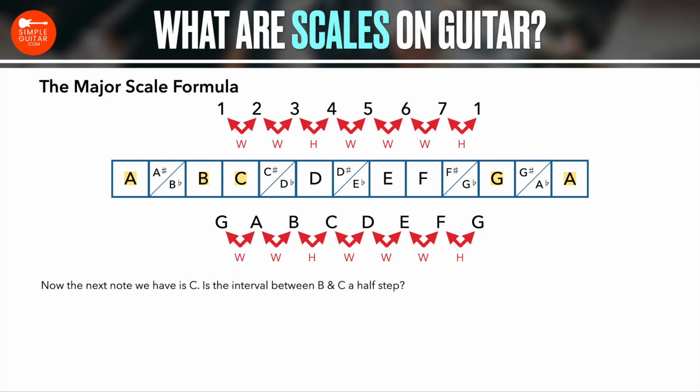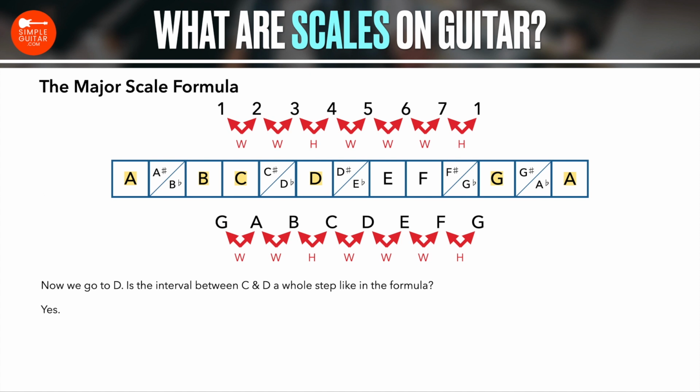Now, the next note is C. So we put down C to hold the place, and between B and C, we need to have a half step according to our formula. And so is the interval between B and C a half step? Yep, it is. So we're still doing good. We're still rocking and rolling here. Now we go to D. Is the interval between C and D a whole step like it should be in the formula?